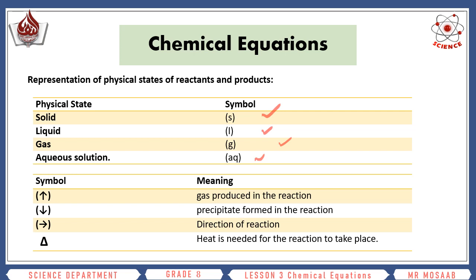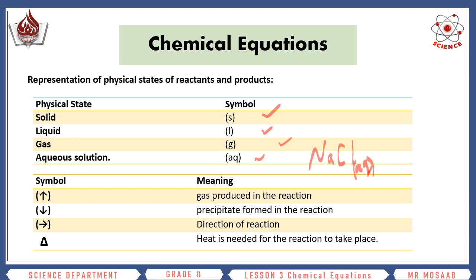How can I write it? NaCl, and here aq, aqueous solution. This means NaCl is dissolving in water, so it is a salt solution.